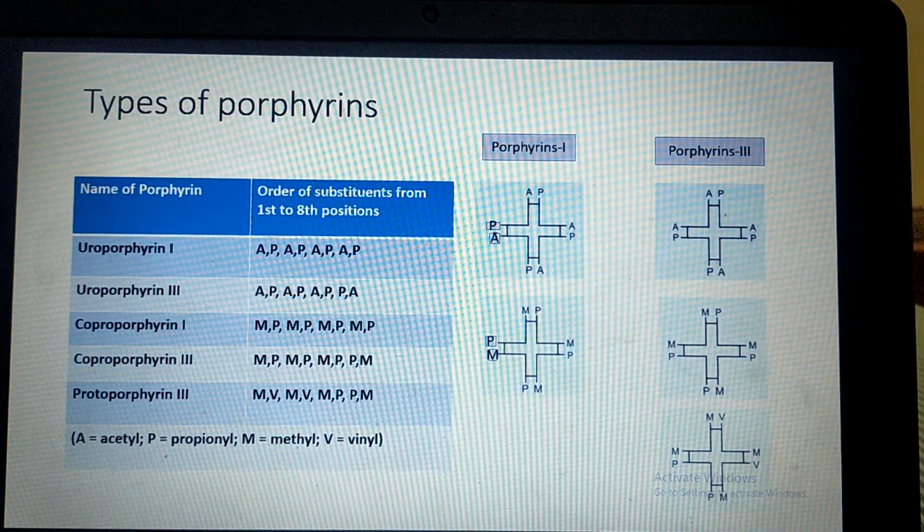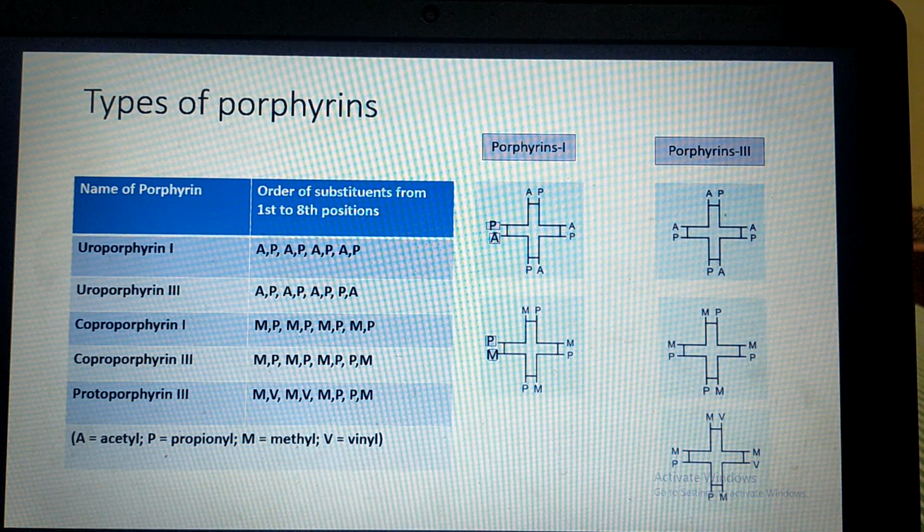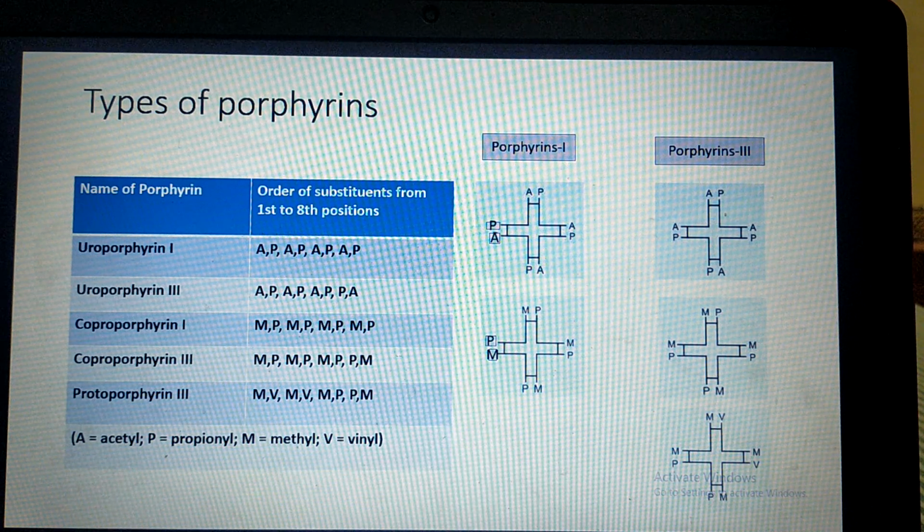Depending upon the attachment of substituent groups on the porphyrin ring, these are the different types of porphyrins. First is uroporphyrin 1. Here the substituent groups are acetyl group and propionyl group in an alternating manner. So at positions 1, 3, 5 and 7 you have acetyl group, and at even positions 2, 4, 6, 8 you have propionyl group.